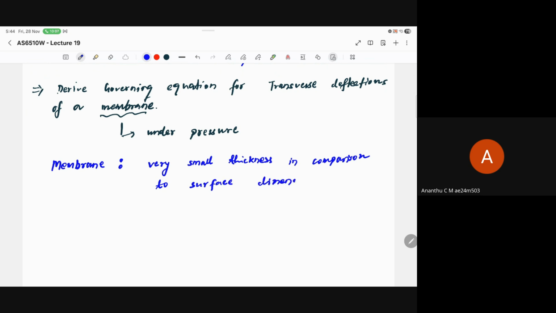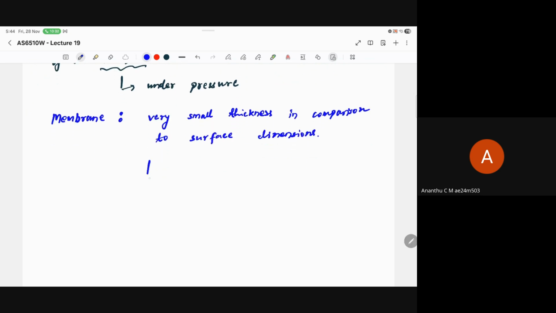This is the definition of a membrane. The surface dimensions are very significantly higher than the thickness of the membrane. So it's basically a paper-like structure. But even a paper should have a large surface dimension, then only we can define paper also as a membrane.